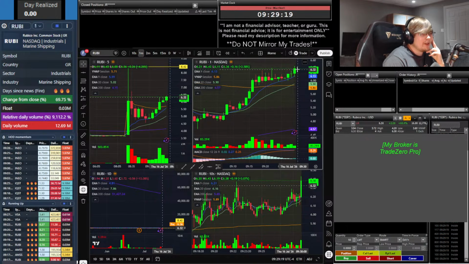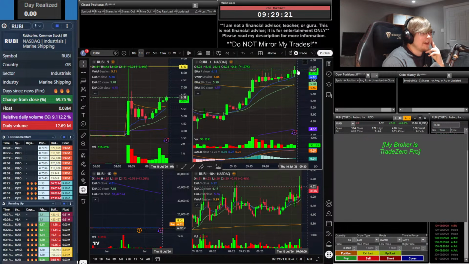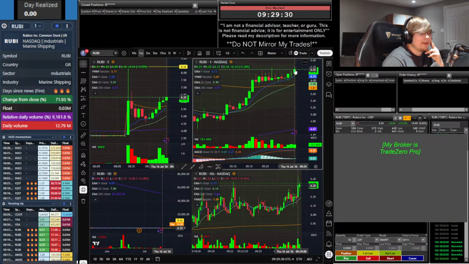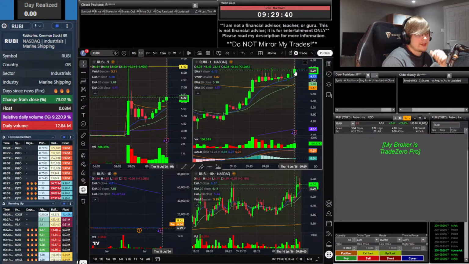If it pops up a little bit more because you have people jumping in behind you, or maybe because retail traders see the stock popping because a big order just came through, they're going to act as liquidity if he wants to exit immediately at 6.20, right? If he waits 1 or 2 seconds and then hits the sell button, those people who are jumping in and pressing the buy button are going to act as liquidity for his exit, and he's going to be up 5 or 10 cents if he just does that.